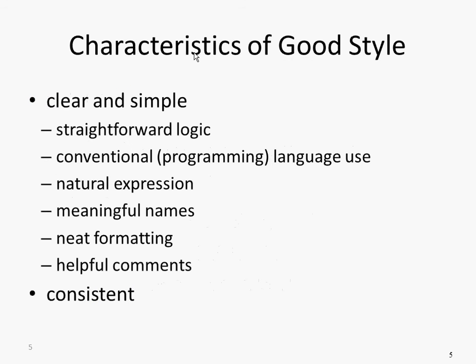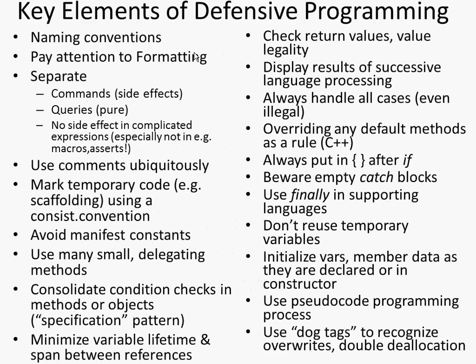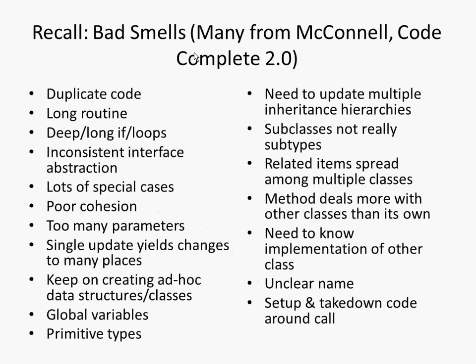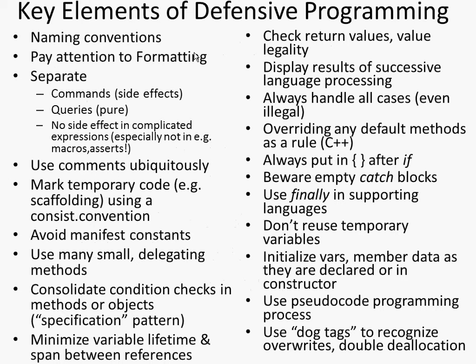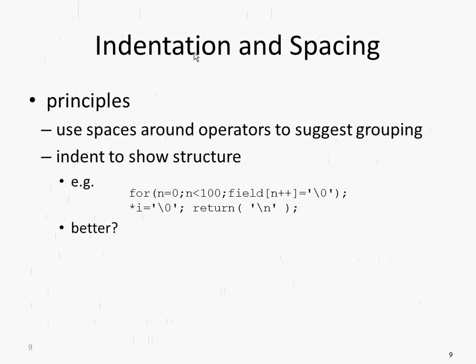We've talked in the past few lectures about some issues of bad smells that confront code, and some key elements of defensive programming, noting that we'll be discussing techniques from offensive programming in future lectures. We had finished the last lecture with a bit of discussion on the issue of indentation.